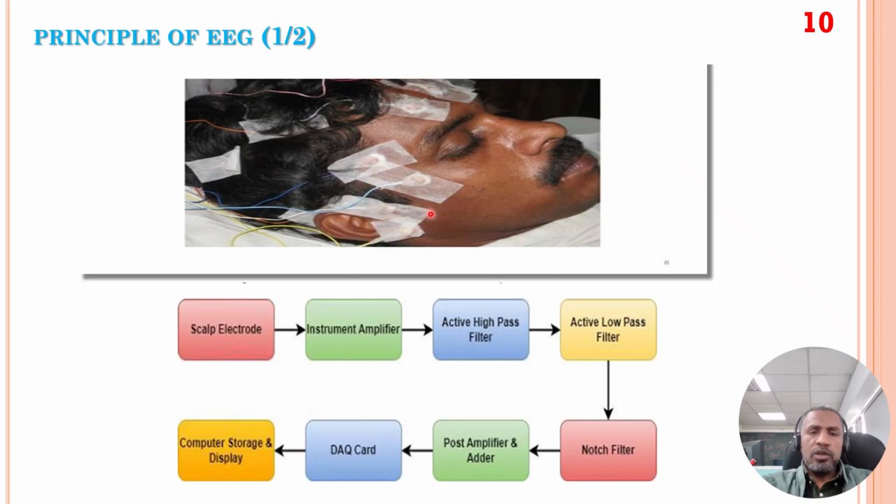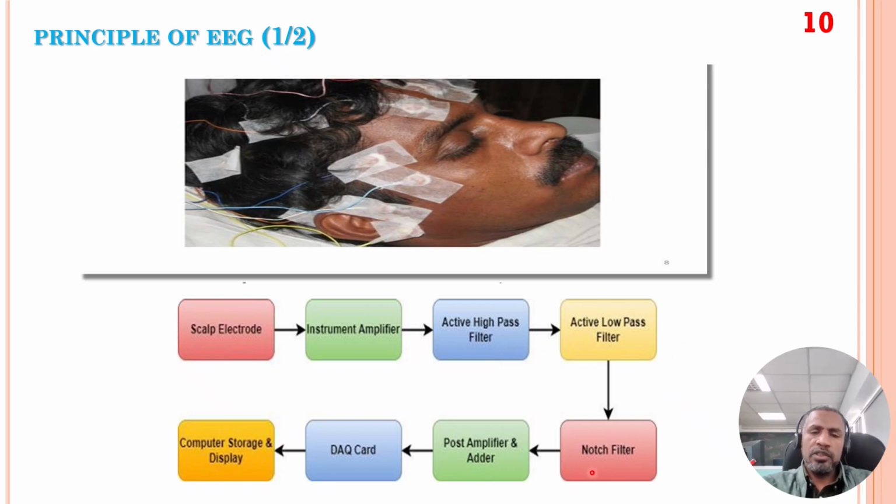Look at the figure to see how the electrodes are put on our head. Those electrodes have the 10-20 positioning. Scalp electrodes go to an instrumental amplifier. After amplification, there is an active high pass filter, an active low pass filter and a notch filter.